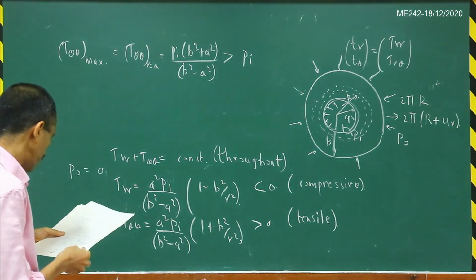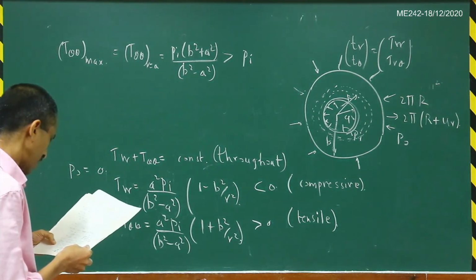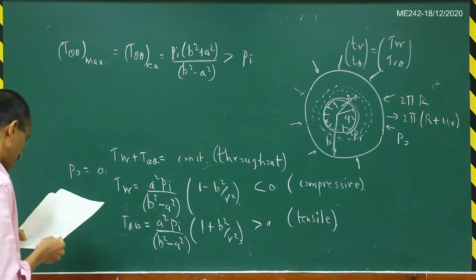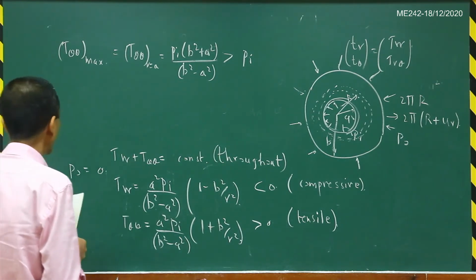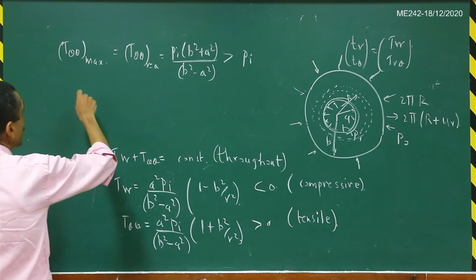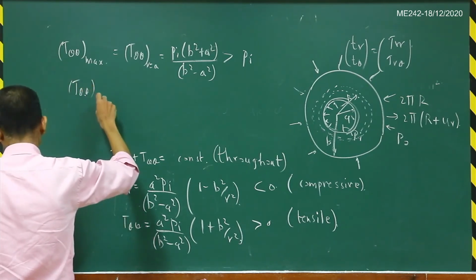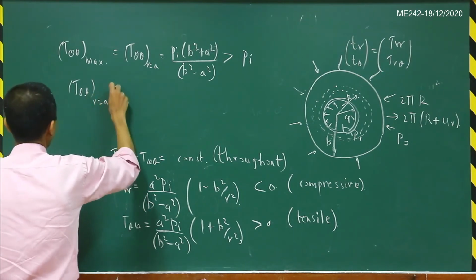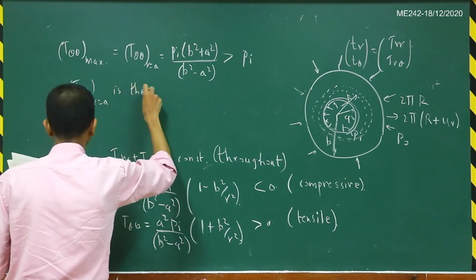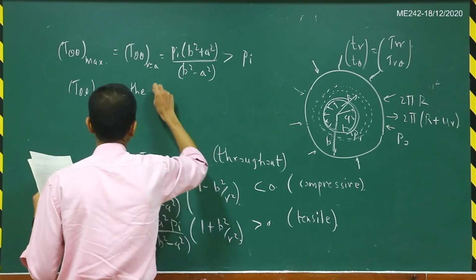So this tau theta theta at R equal to A is the numerically greatest stress.